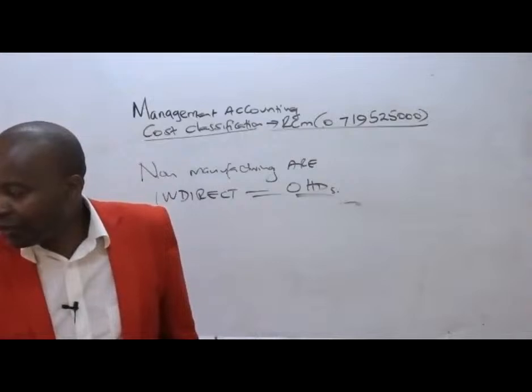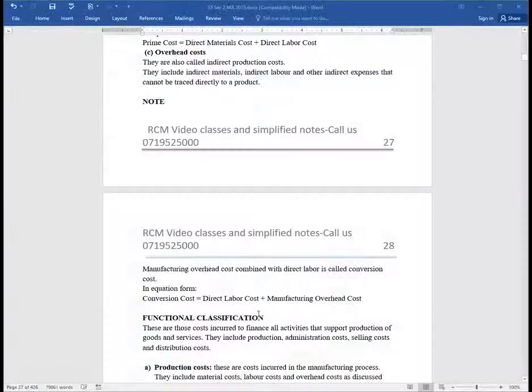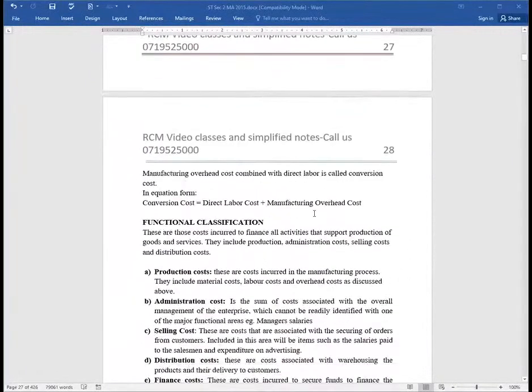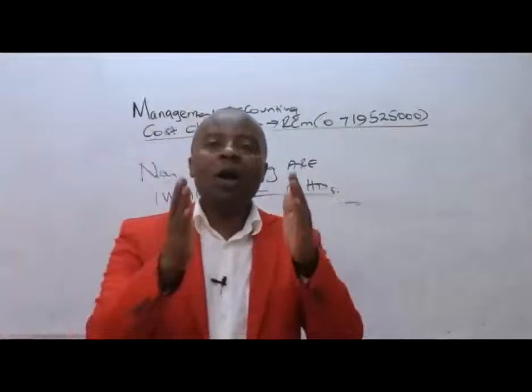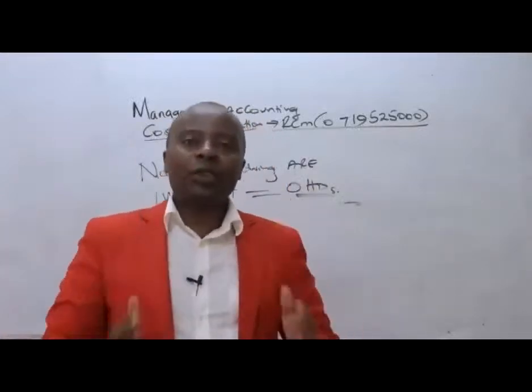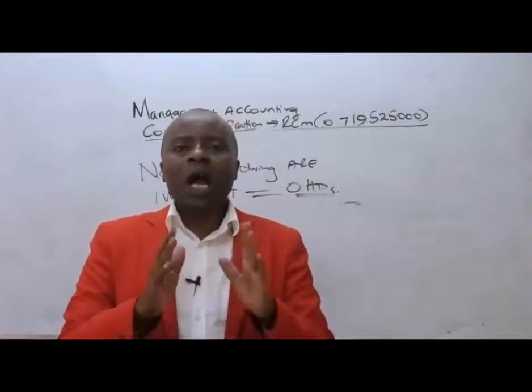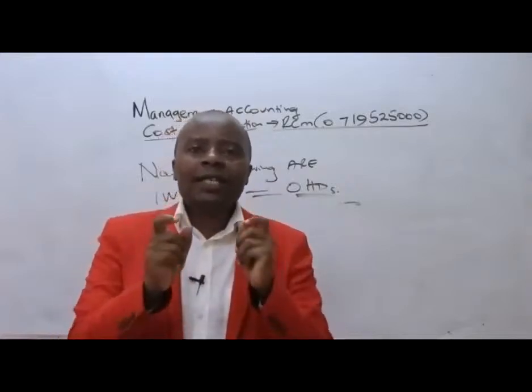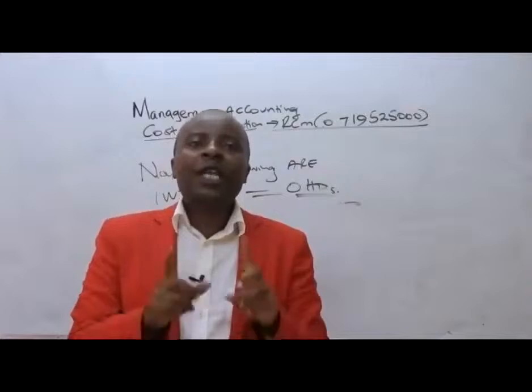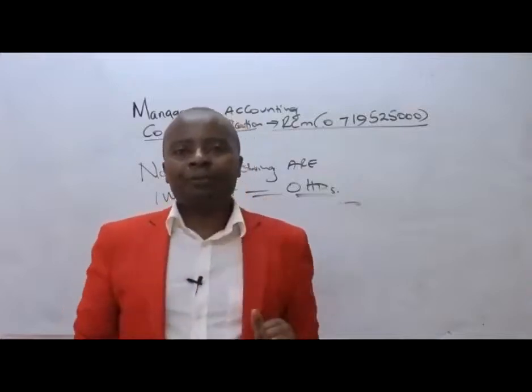Now from there, ladies and gentlemen, we go to another classification, which is the functional classification. Under functional classification, we shall be classifying our costs in accordance to the various activities or functions that a company does.